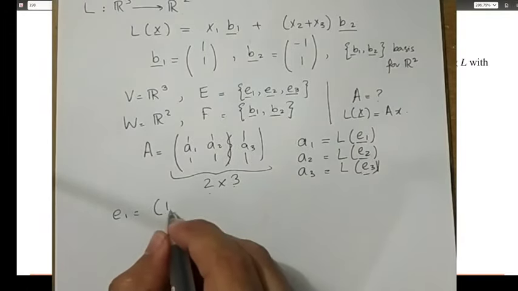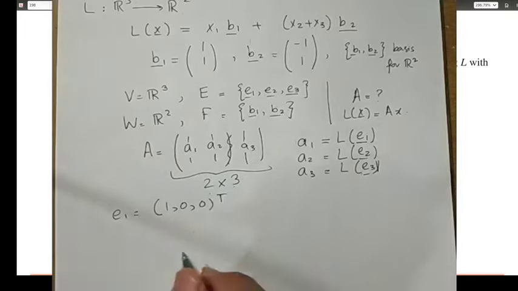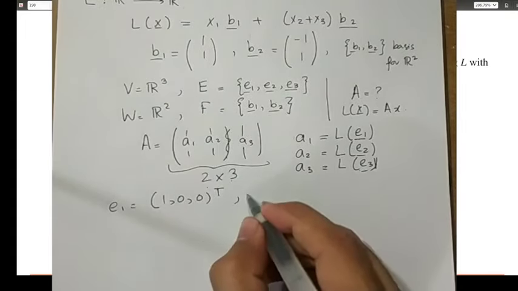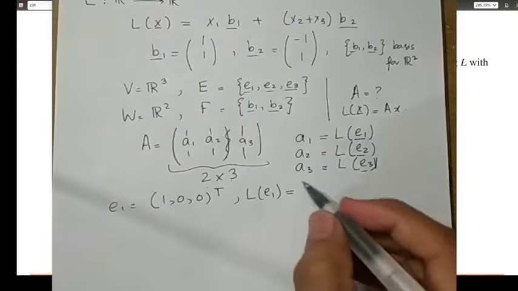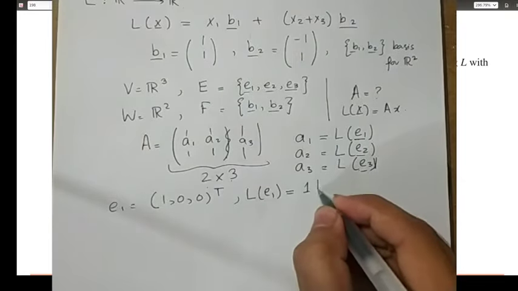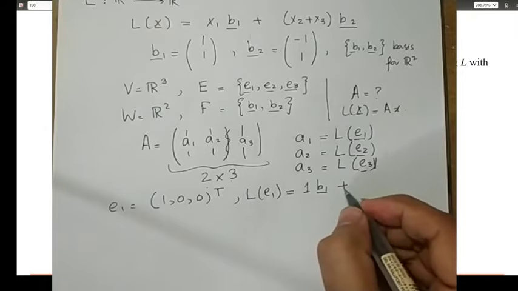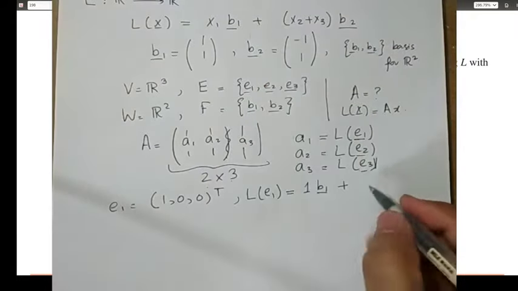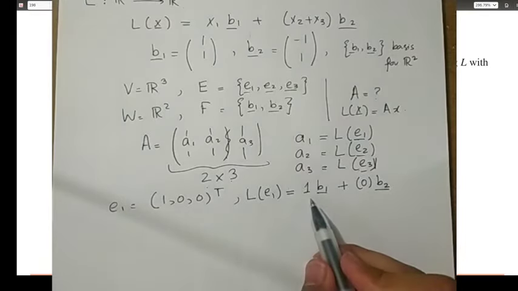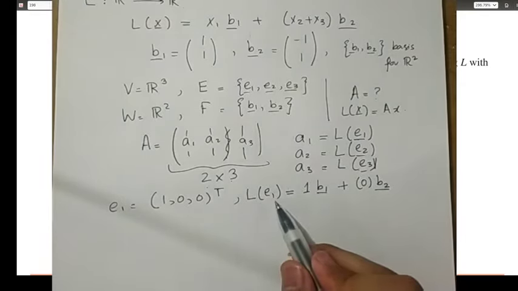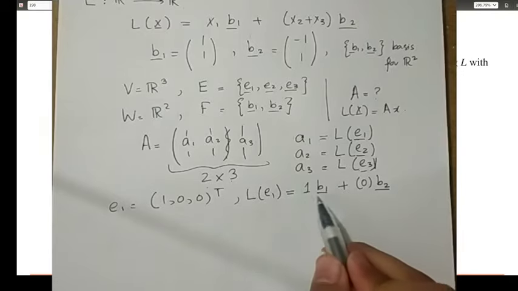E1 is simply (1, 0, 0) transpose. And so if I find LE1, that's simply x1 b1, which is simply 1 b1, plus (x2 plus x3), which is 0 b2. So the coordinates that I have of LE1 under b1 and b2 are 1 and 0.